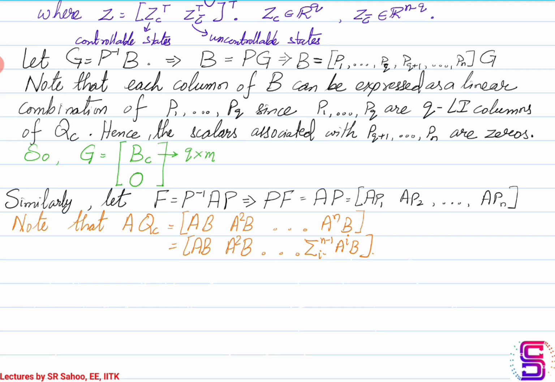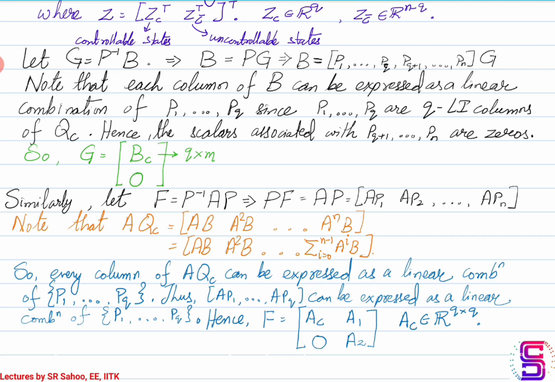This holds for vectors from P1 till Pq. Proceeding further, every column of AQC can be expressed as a linear combination of P1 till Pq. Thus, AP1 till APq can be expressed as a linear combination of P1 till Pq. AP1 as a linear combination of P1 till Pq, AP2 can also be expressed as a linear combination of P1 till Pq, and so on till APq.